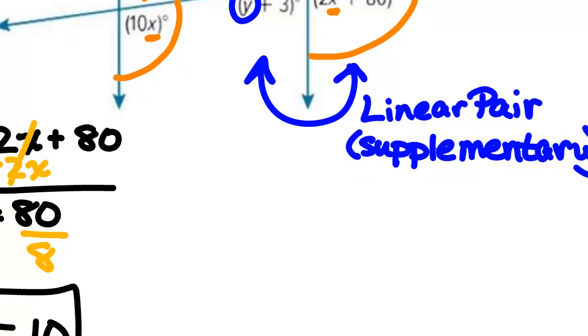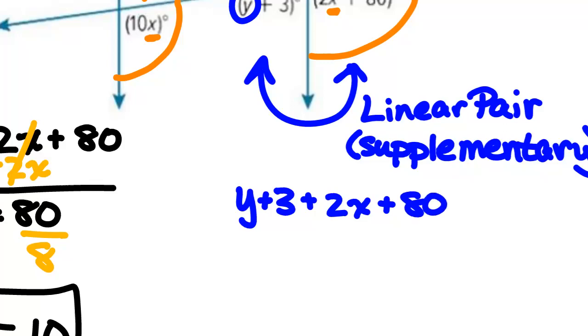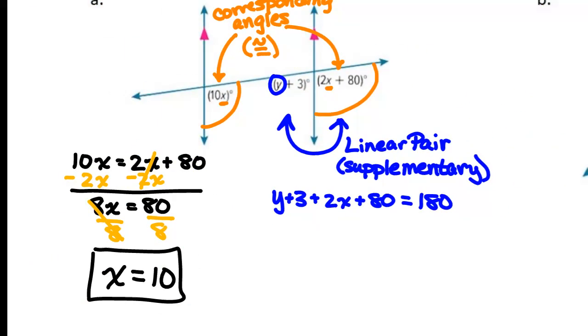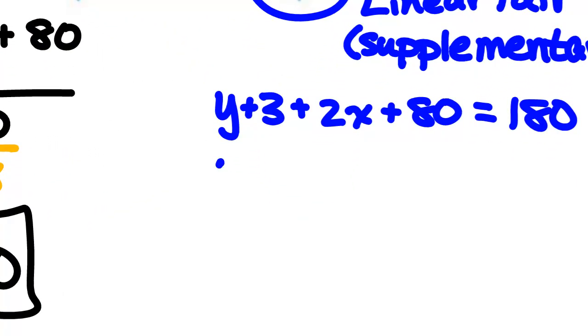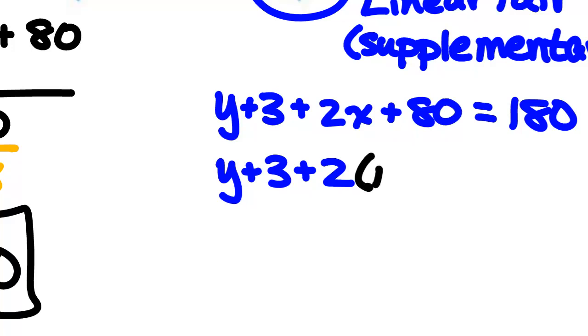So I can take y plus 3 plus 2x plus 80 and set it equal to 180. And we just found out that x is 10, so I have y plus 3 plus 2 times 10 plus 80 equals 180.